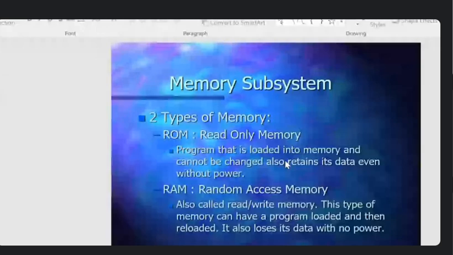Programs running on a CPU are stored in the read-only memory, and even if you power it off, you don't lose the information that you have stored on the read-only memory. But random access memory is also called read-write memory. It's a memory that can have a program loaded and can be reloaded.